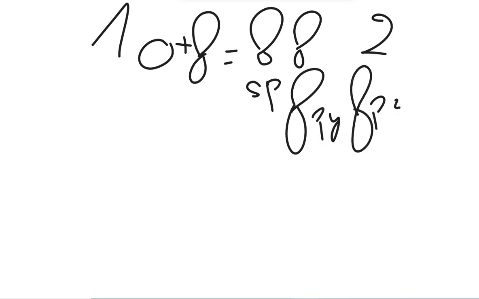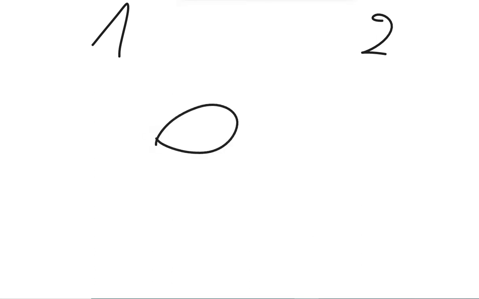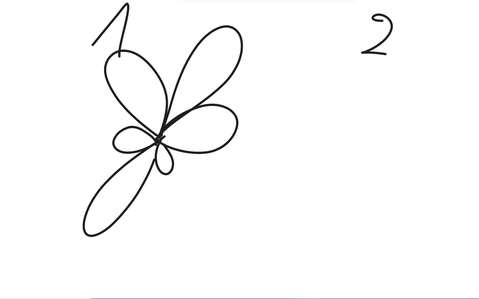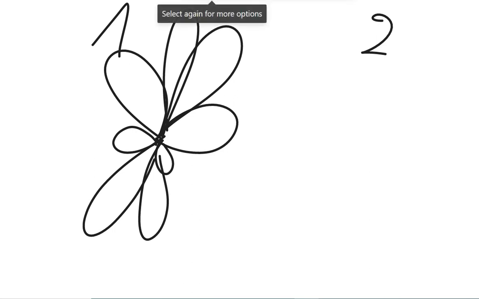Okay, for each of the carbon, this is happening. So what do we get? 1 sp and another sp and 1 py and 1 pz. So 4 different orbitals. Each of them have 1 electron. This one has 1 electron, this one has 1 electron, 1 and 1.